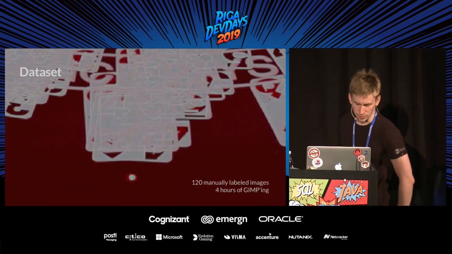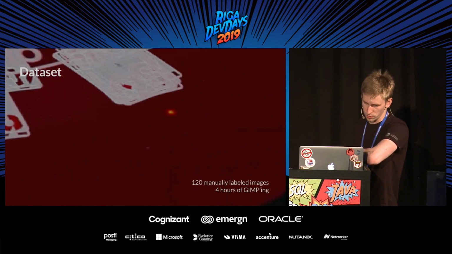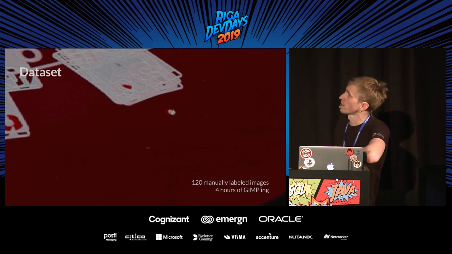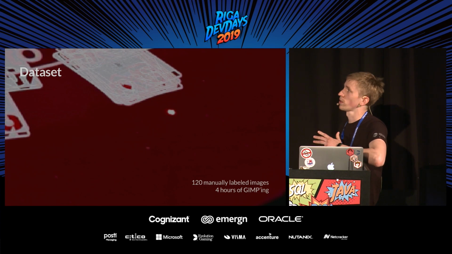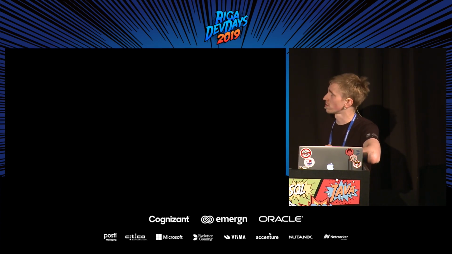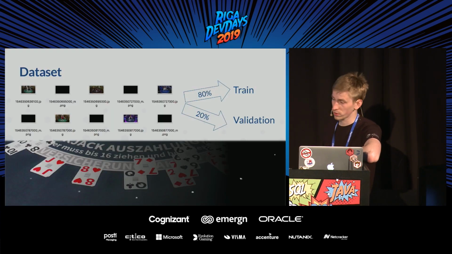And to train that, we needed to label the dataset. The dataset was labeled manually with the GIMP editor, and it looked like that. We take the image, add another layer, color in white everywhere where the LED is, and then save it. As a result, we got 120 images.